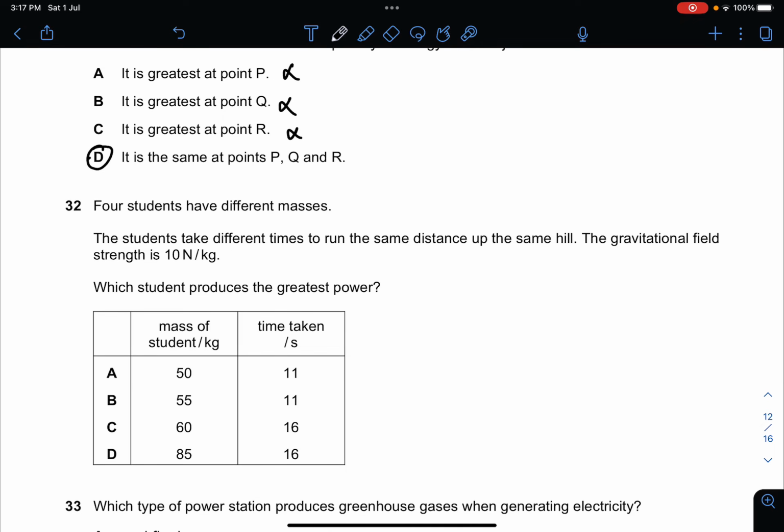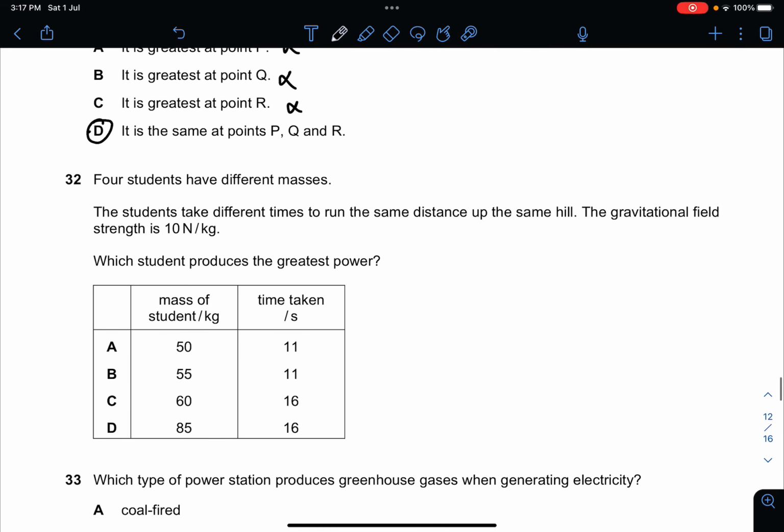All right, four students have different masses. The students take different times to run the same distance up the same hill. The gravitational field strength is 10 newtons per kilogram. Which student has the greatest power? So this is mass, this is time, and you use P equals E over t, or we can use work done over t.